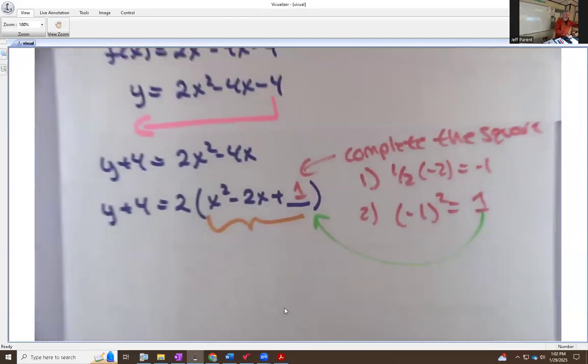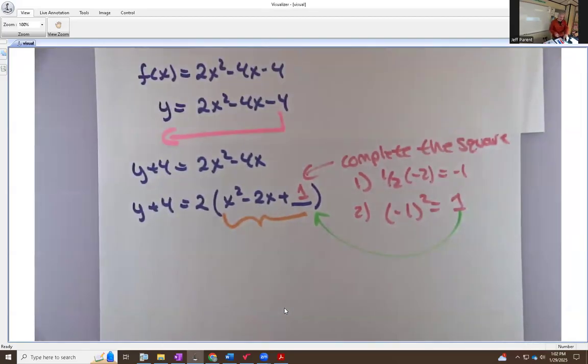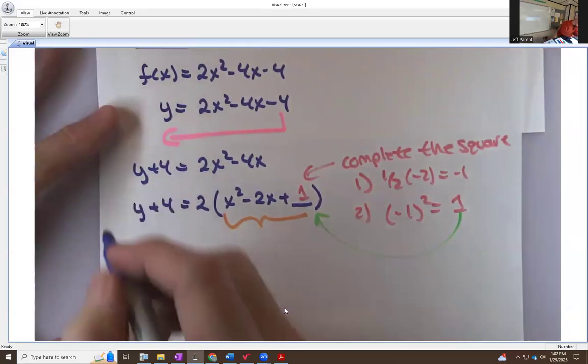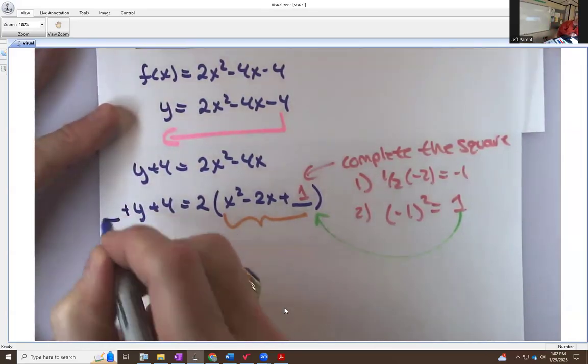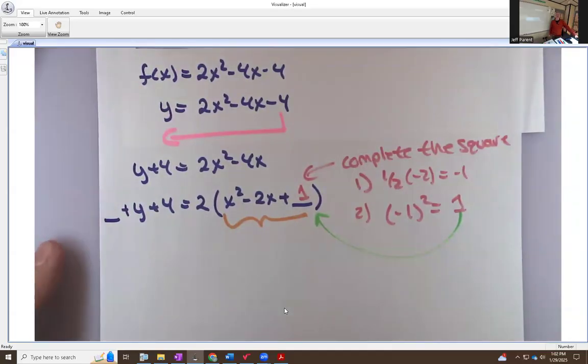Now here's the tricky part. I'm working with an equation, right? I've got to make sure that both sides of this are balanced. If I put a 1 on the right-hand side, I should put something on the left-hand side to keep it balanced. What would that be? And it's not a 1. Eva? +2.